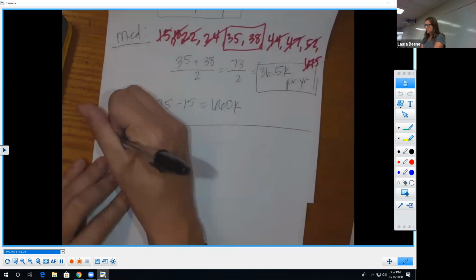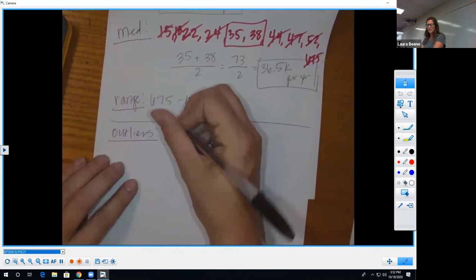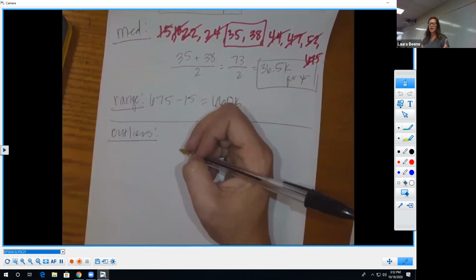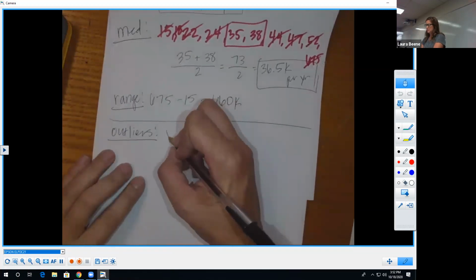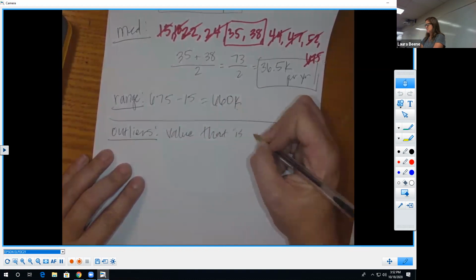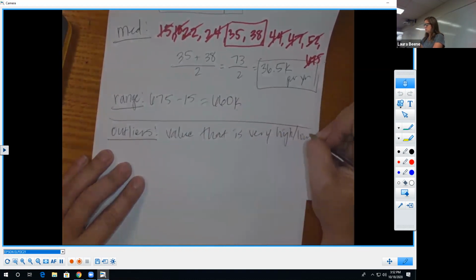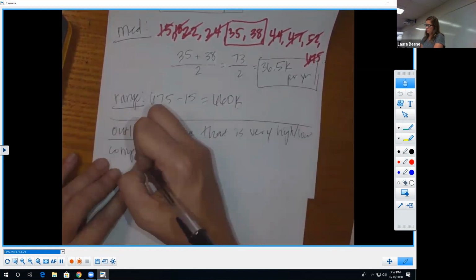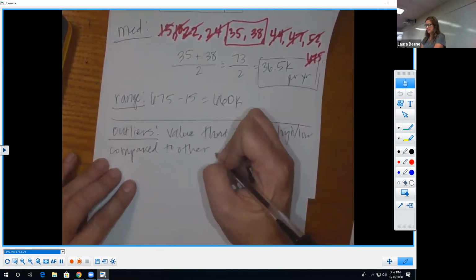The one last thing I wanted to write down is outliers. So an outlier is a value that's really, really high or really, really low compared to your other data values. So it's a value that is very high or low compared to your other data.